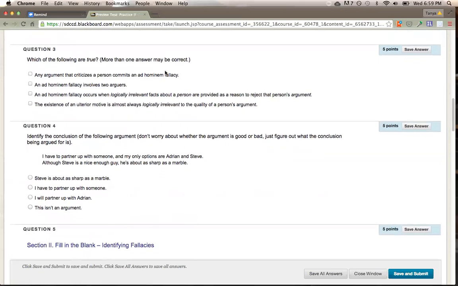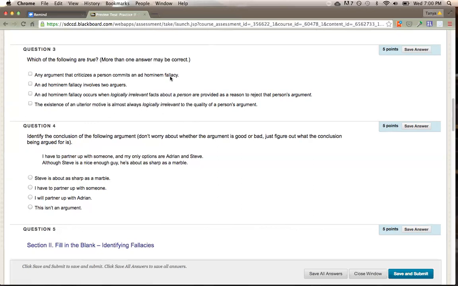Okay, which of the following are true? Any argument that criticizes a person commits an ad hominem fallacy. No, that's important. An ad hominem fallacy often involves criticizing a person, though not always. But it's not the mere criticizing of a person that's at issue.